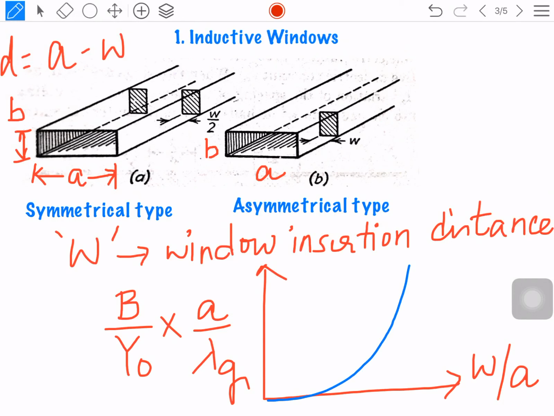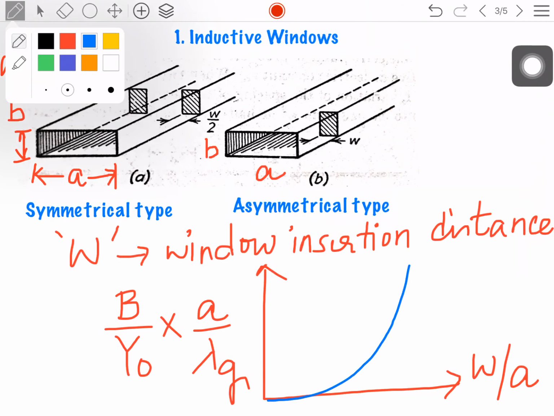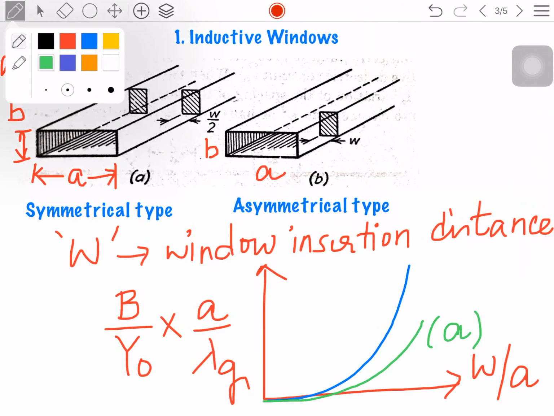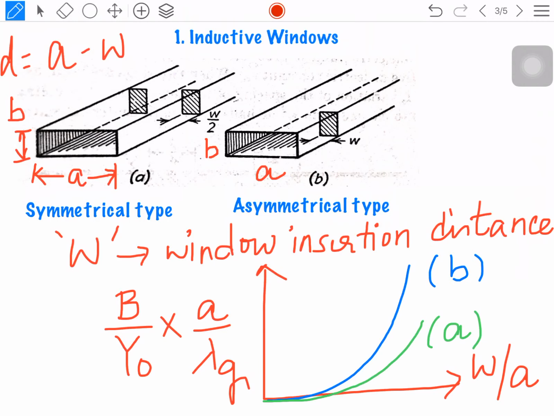This plot is for figure B. If I plot for figure A, the value would not be that large; it will be a little bit less. This one is for the symmetrical type, and the next one is for the asymmetrical type. The plot shows how the normalized susceptance is a function of window insertion.